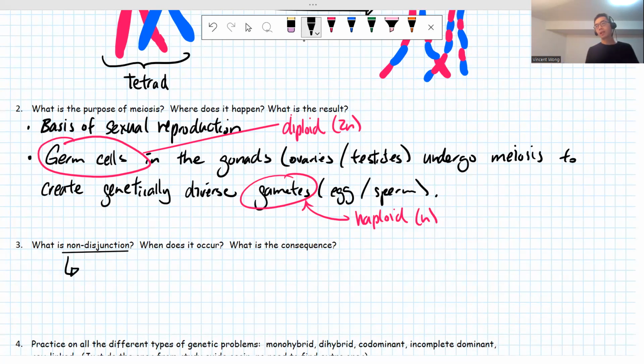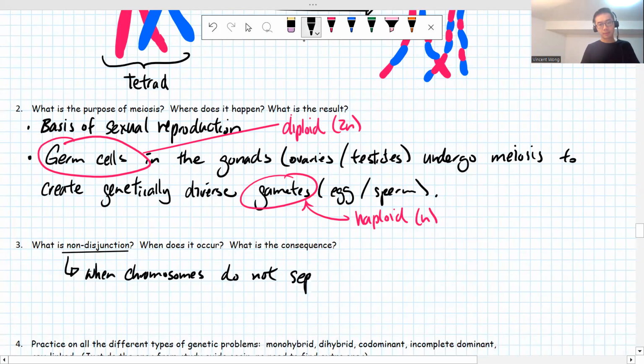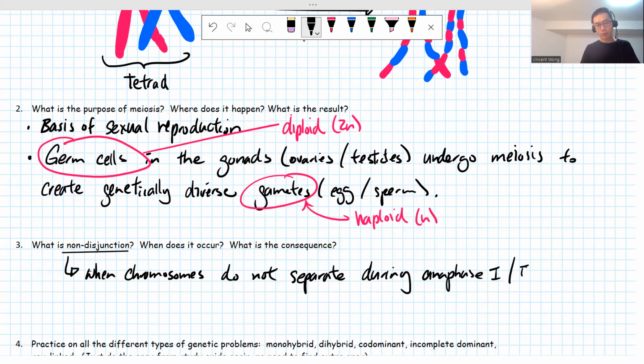But what causes it to have the extra or missing chromosome? That's right. In essence, non-disjunction is when chromosomes do not separate during anaphase 1 or 2.